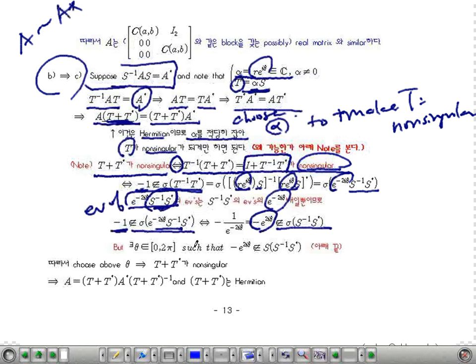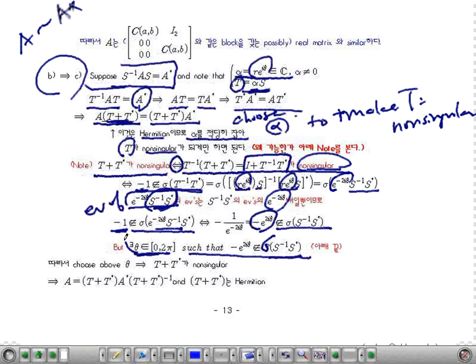Here we can choose a theta such that minus e to the 2iθ is not an eigenvalue of S inverse times S star.